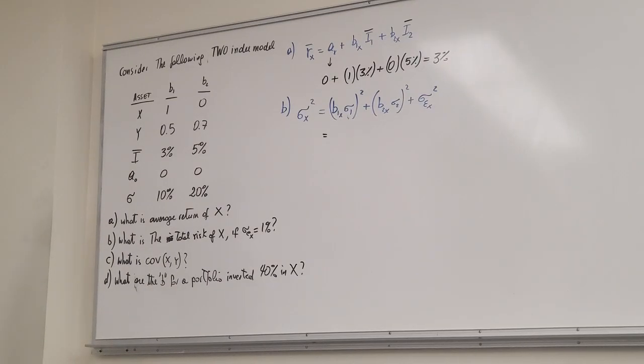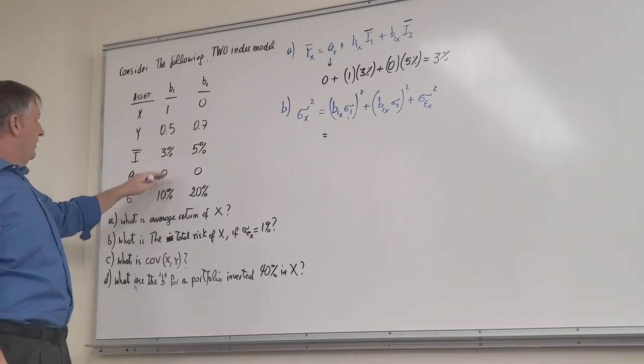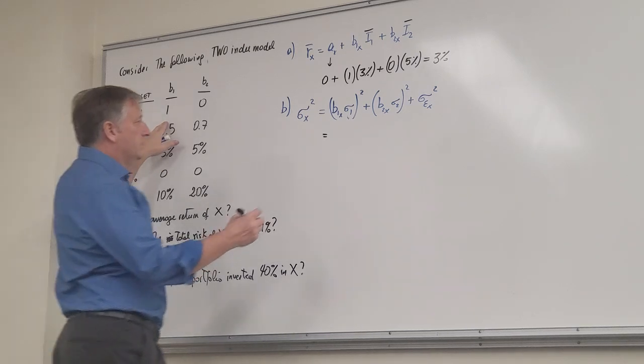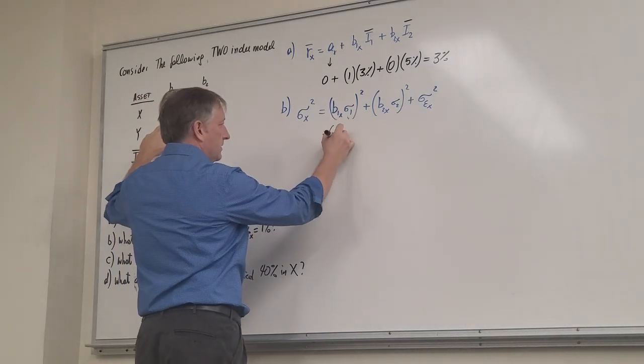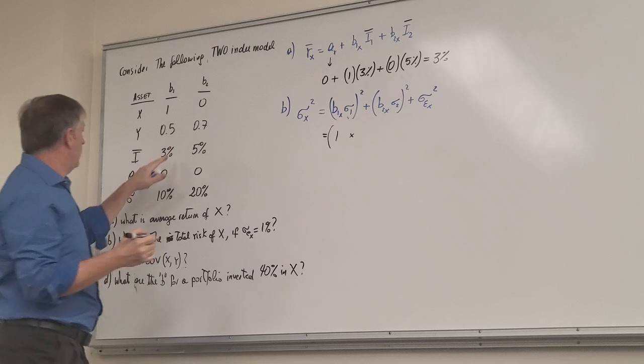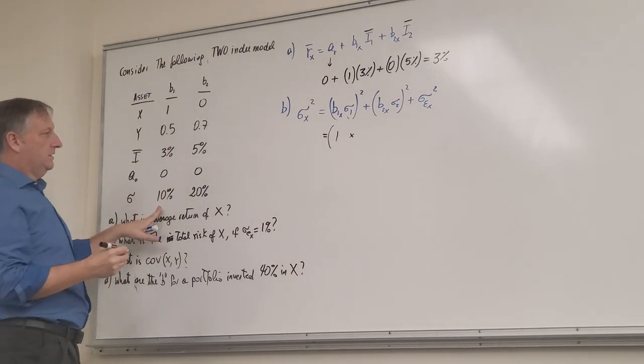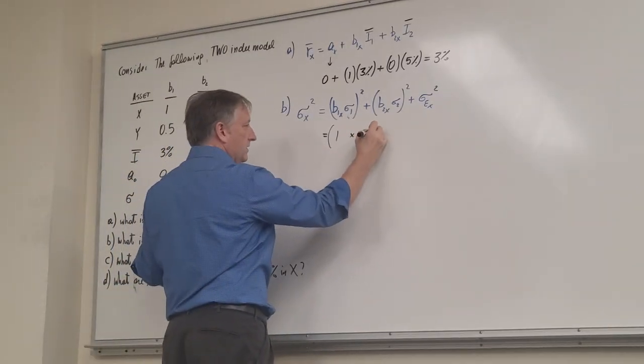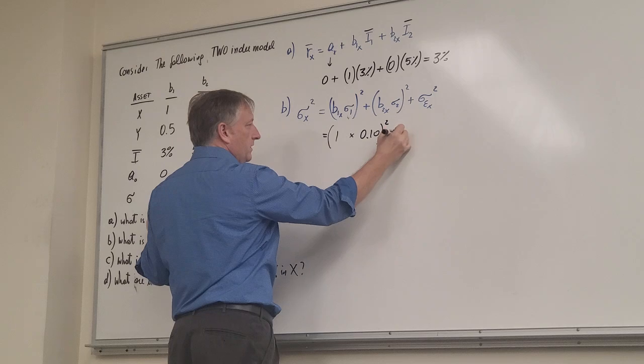If you don't want to mess with percentage squared, it's up to you. The choice is yours. So beta 1 of X is 1. Sigma 1 is 10% squared.